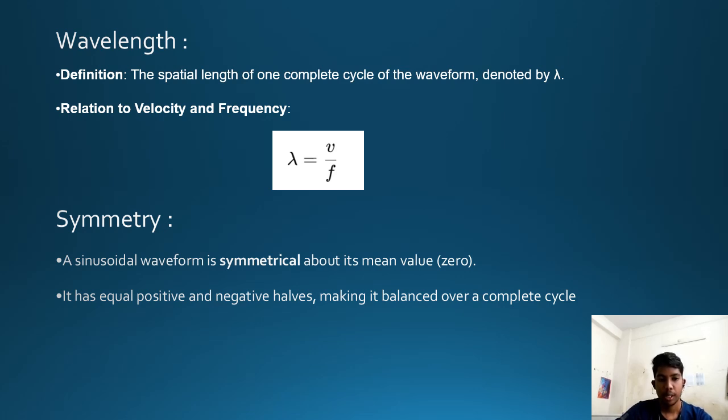Another property of the sinusoidal waveform is symmetry. A sinusoidal waveform is symmetrical about its mean value. It has two equal positive and negative halves, making it balanced over a complete cycle.